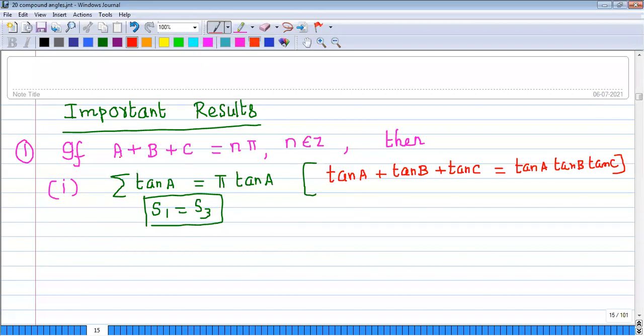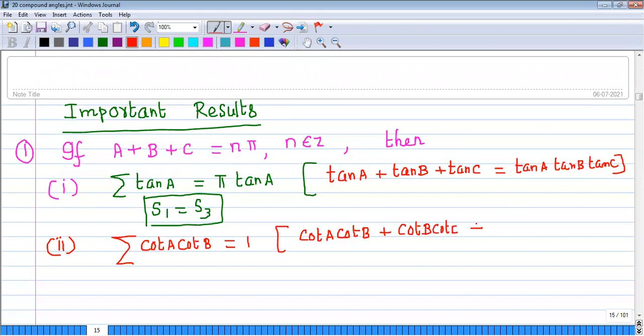Now the second formula. This is very interesting. Sigma cot A cot B is also 1. That means cot A cot B plus cot B cot C plus cot C cot A is equal to 1.